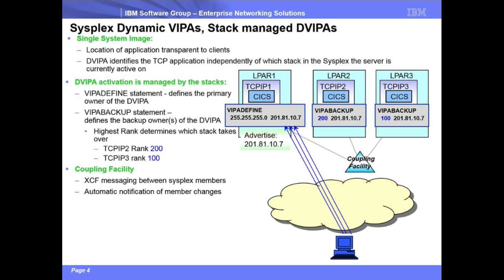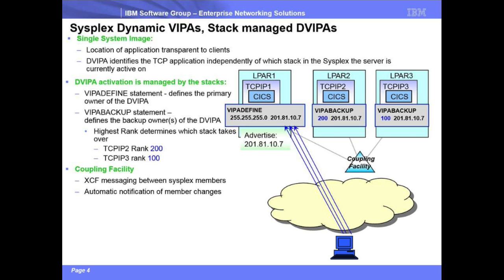A VIPA define statement is used to define the primary owner of the DVIPA. In this example, TCP/IP1 on LPAR 1 has a VIPA define statement for the DVIPA. And then VIPA backup statements on other stacks are used to define backup owners. A rank is configured.